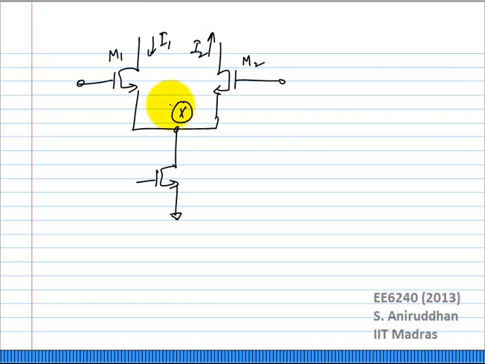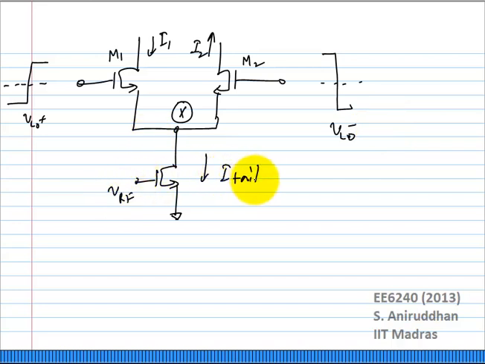Let's say this was node X, and what I'm going to say is the LO plus node is rising from 0 to V0. And the LO minus node is experiencing a falling edge. This is your tail current.